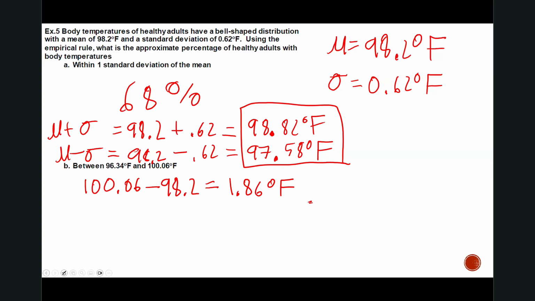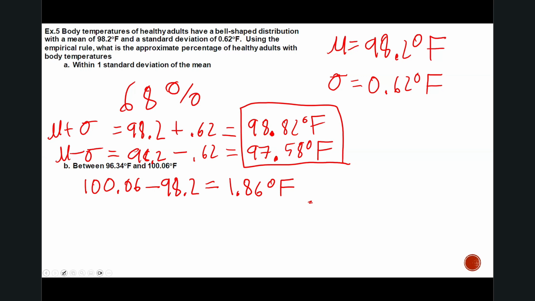You might say, that is hot, right? So to get an idea of how hot that is, you subtract the mean from your body temperature. Strange person who's always warm all the time. I get 1.86 degrees. That tells you how much hotter they are than average. That doesn't sound like a lot, but it is a lot when you consider that the standard deviation is 0.62.